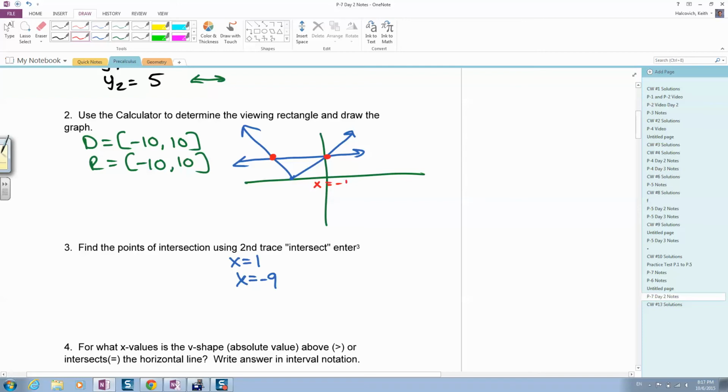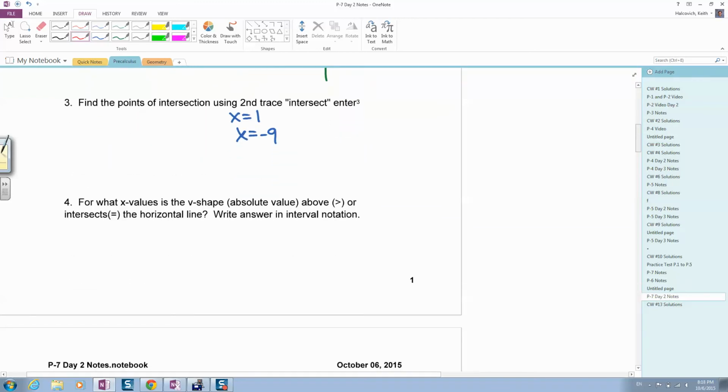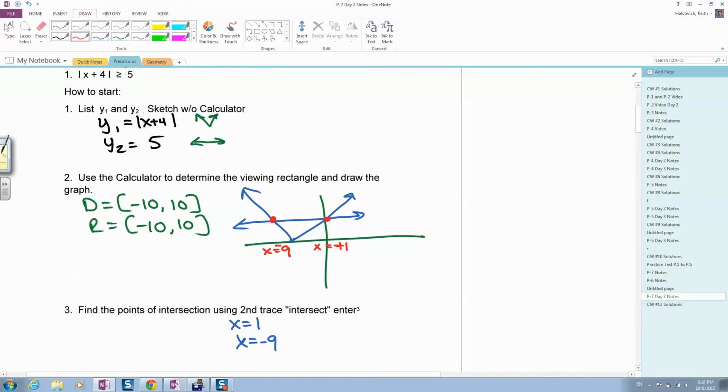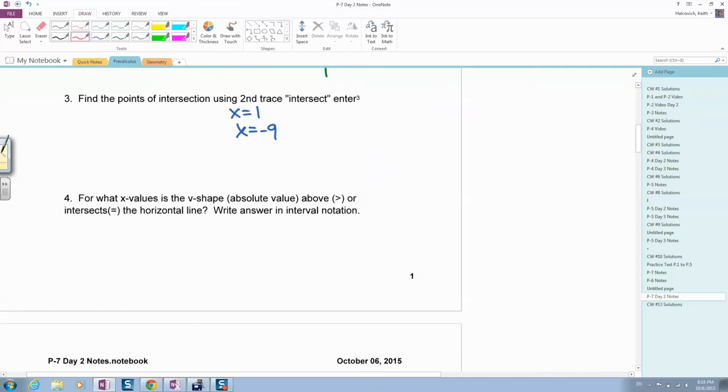X equals positive 1, and x equals negative 9. So then you have to ask yourself, are you trying to find greater than or less than? Because it's greater than, you're going to ask yourself for what values is the V shape above or intersects the horizontal line, because it's greater than or equal to.